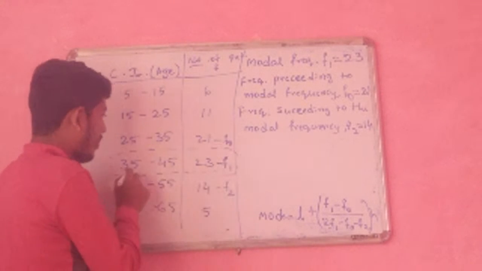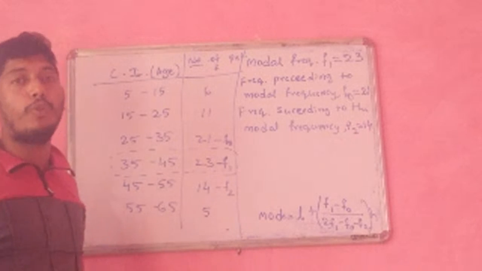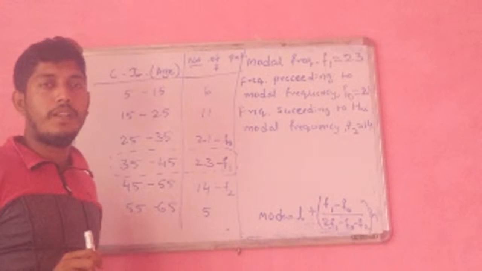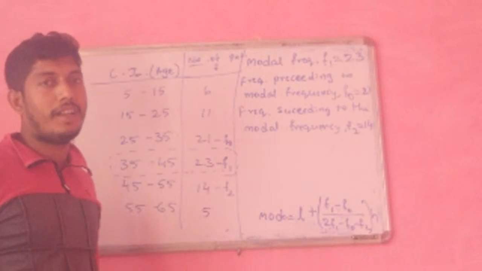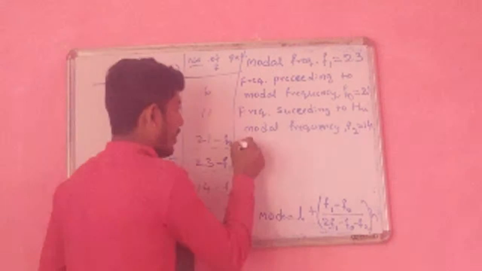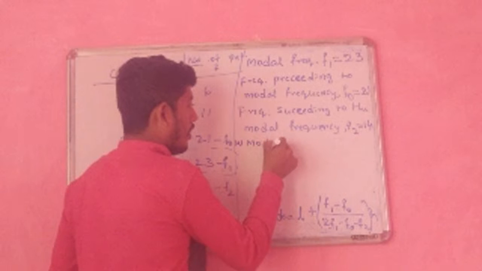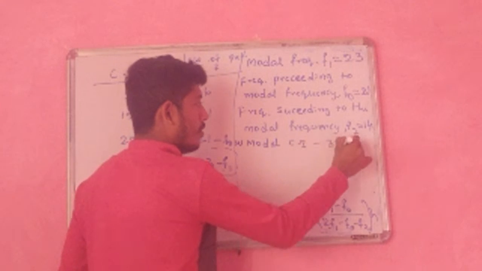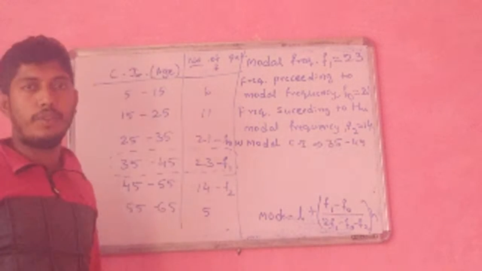The class interval that contains F1 is the modal class interval. Here 35 to 45 has frequency 23. Therefore 35 to 45 is the modal class interval.